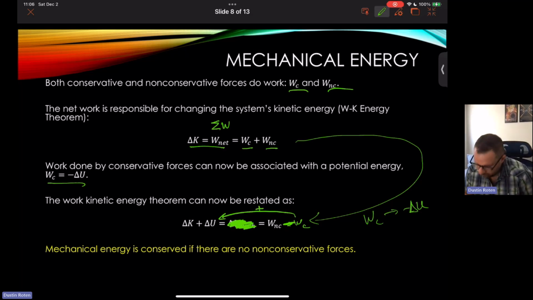But now remember the kinetic energy plus the potential energy. Well, we've already defined that to be the mechanical energy, so it turns out this is the statement we're after: any change in the mechanical energy is equal to the work done by a non-conservative force, okay?